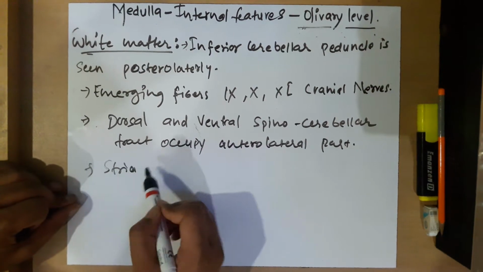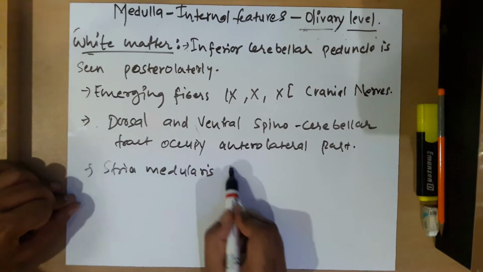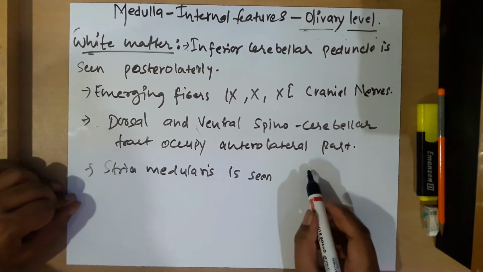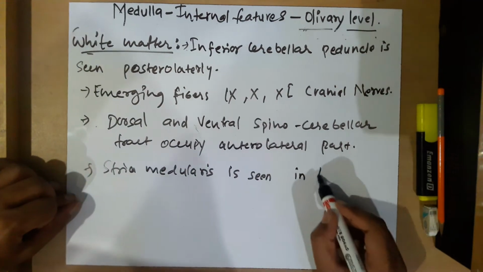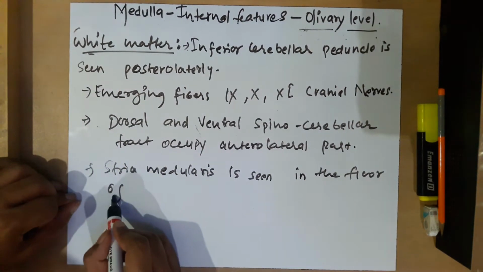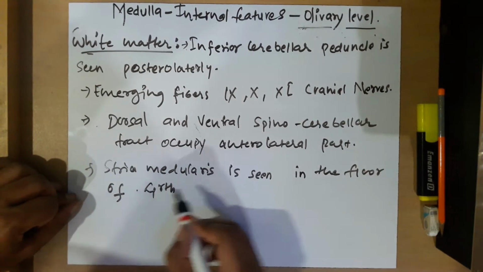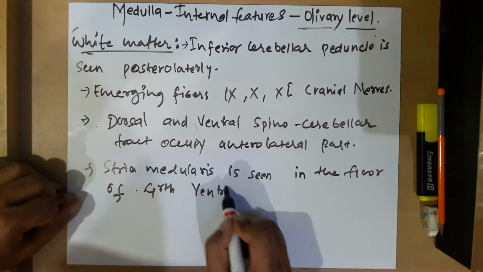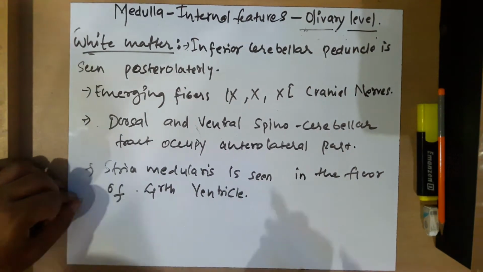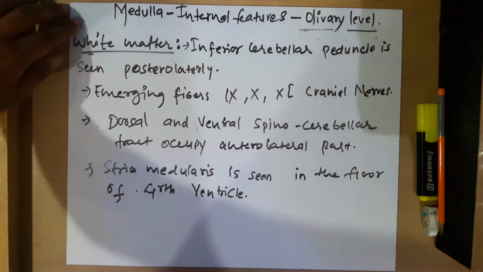Stria medullaris is seen in the floor of the fourth ventricle. So this much to discuss on the white matter and gray matter altogether.